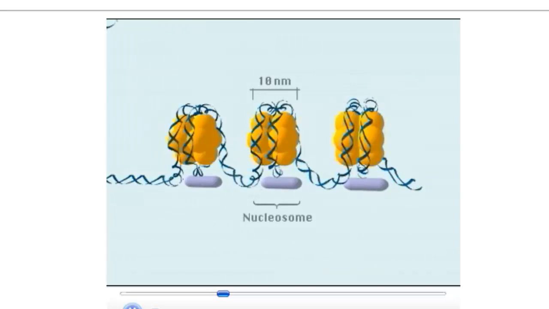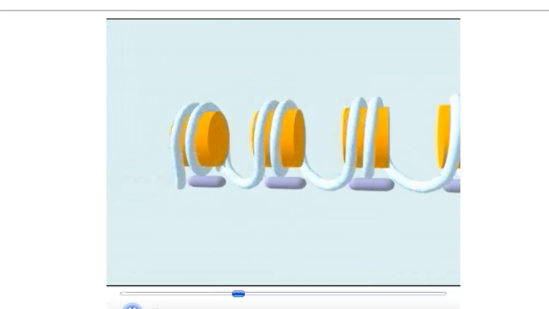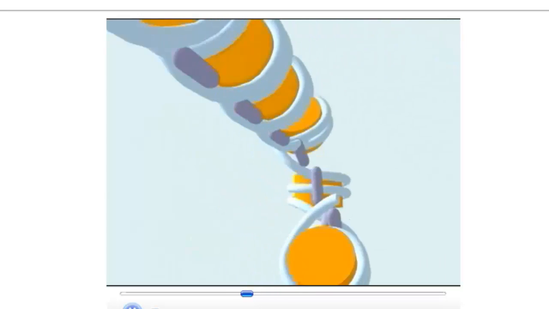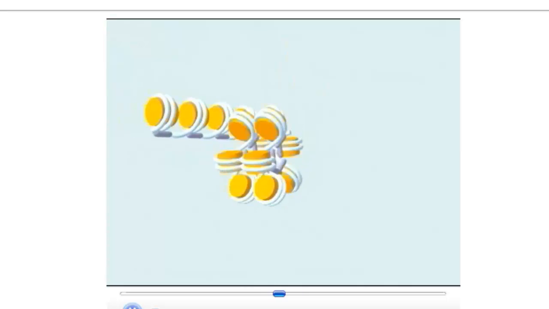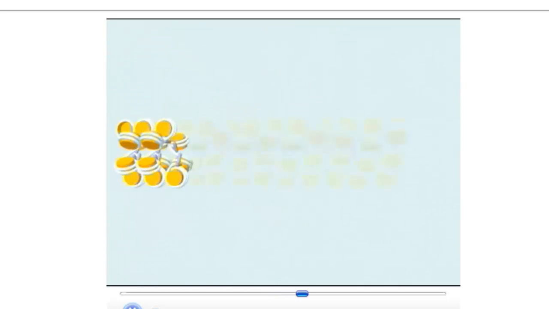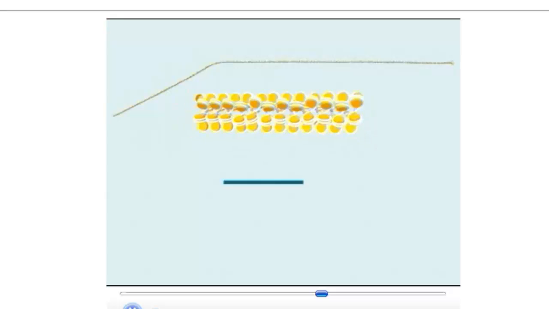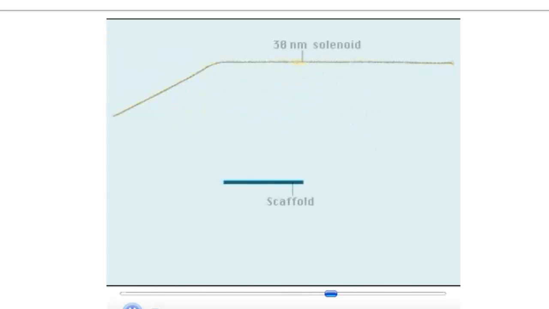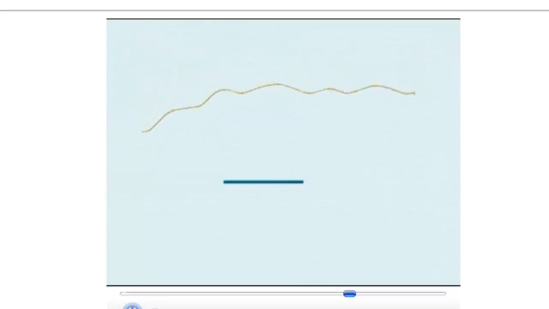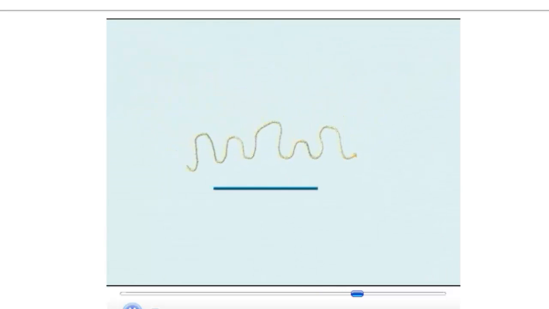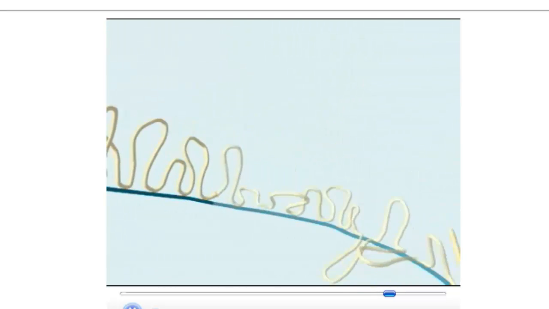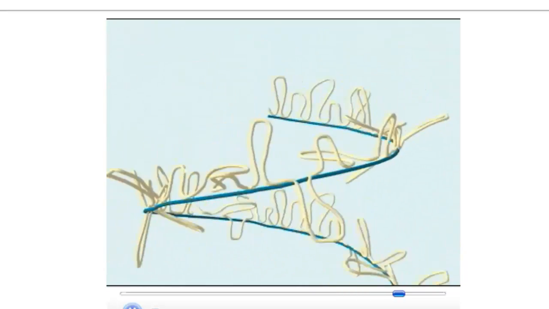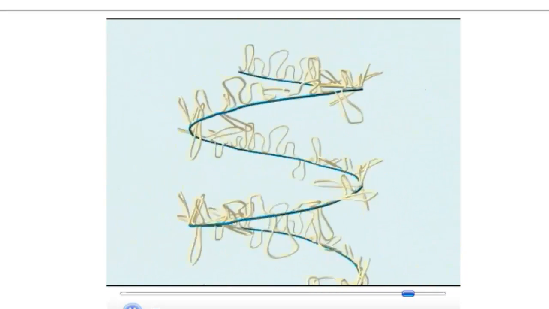And then they'll get bound and twisted up farther in upon itself. And you can see chromosomes are huge, really, really long. And so if you want to get them into that nucleus, you'll have to condense that even farther so it gets all twisted up. And then coiled again into a chromosome.